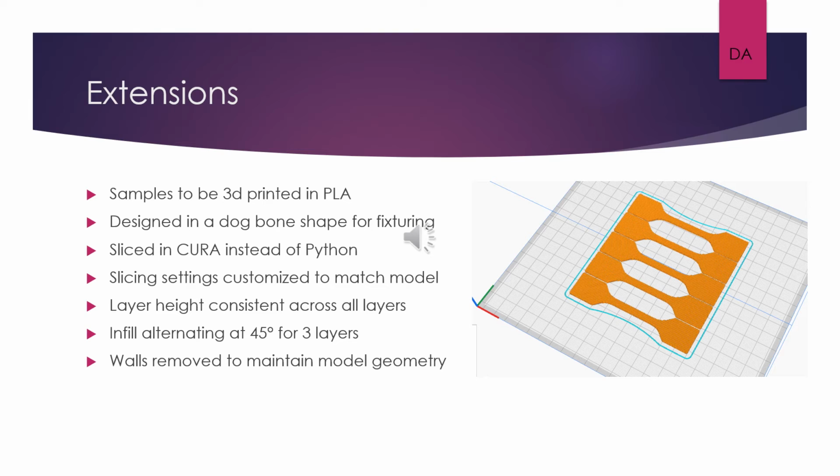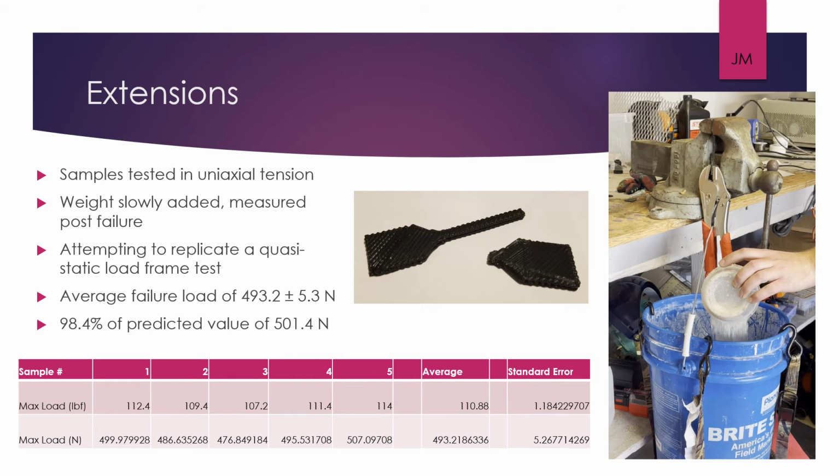These are the samples we then tested. So this first picture shown on the left is the sample of the 3D printed parts, and it is actually shown after its failure. And to the right of that, you'll see this little short video of our testing setup, which I will play now so you can see.